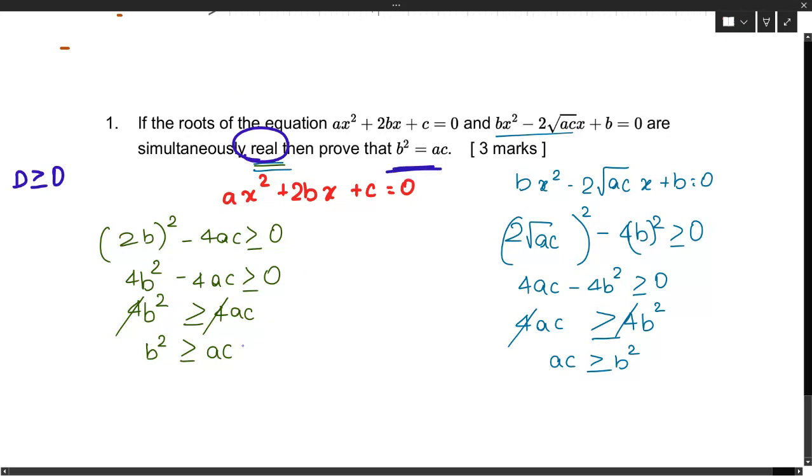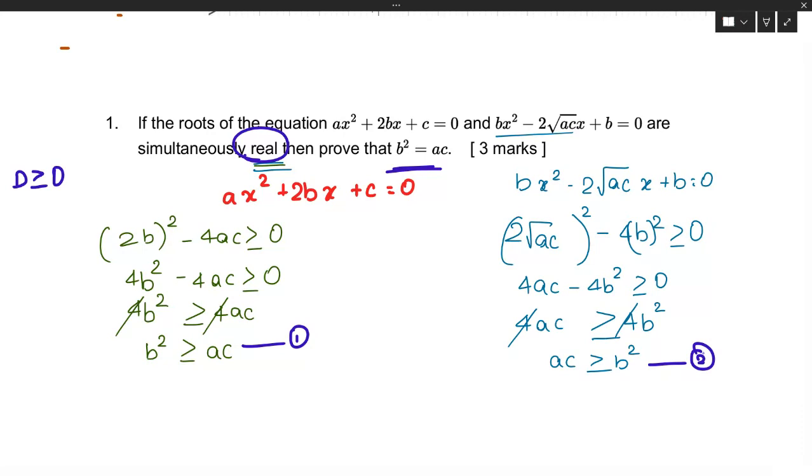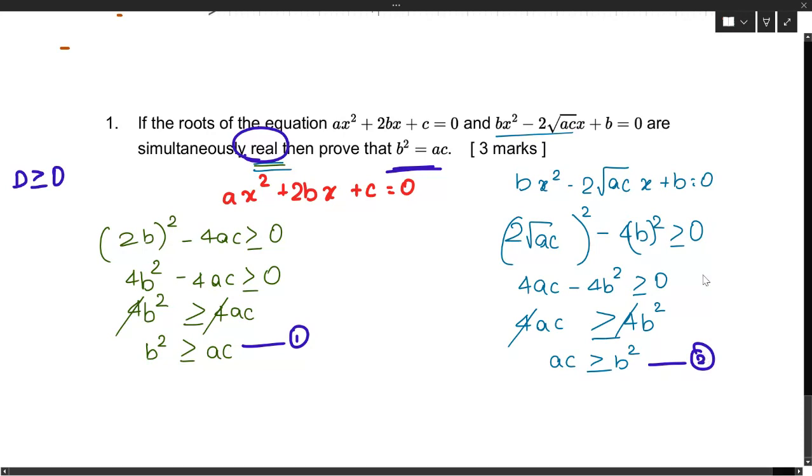Now, if you look at this equation and this equation, now tell me, if D is equal to 0, then what? You have not taken it down.